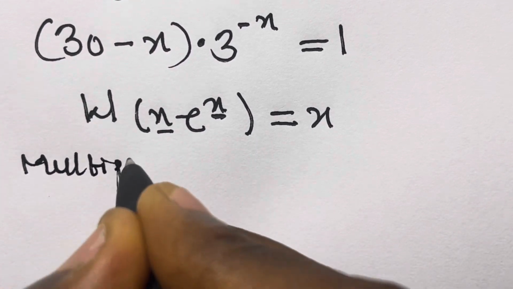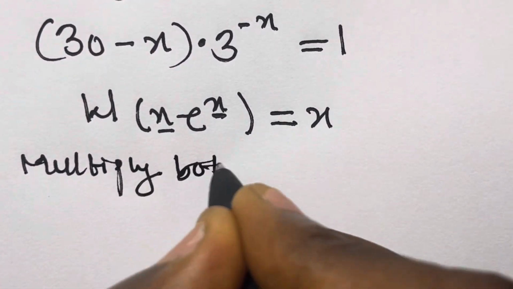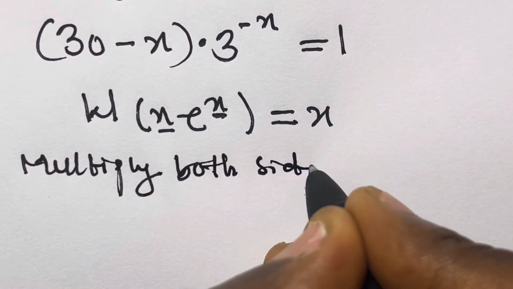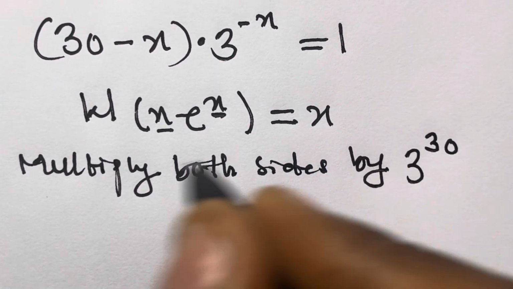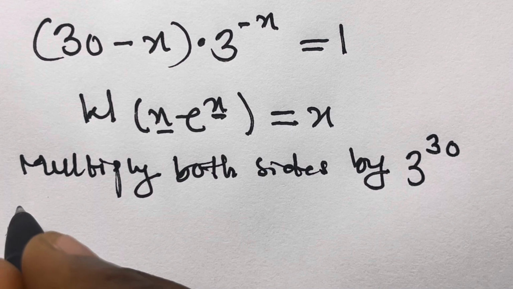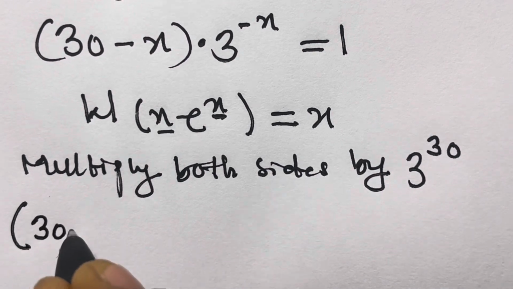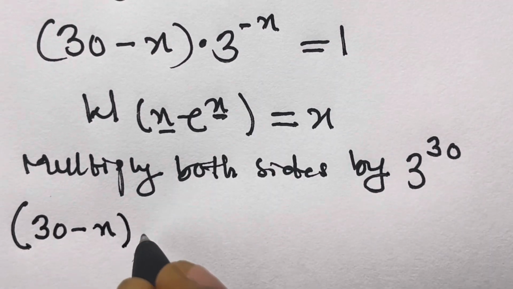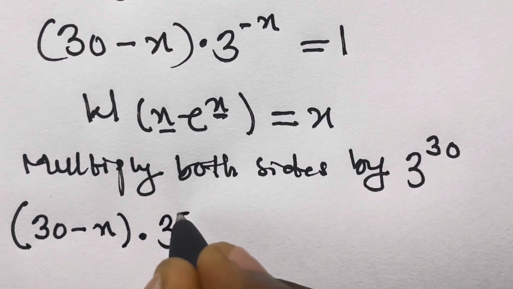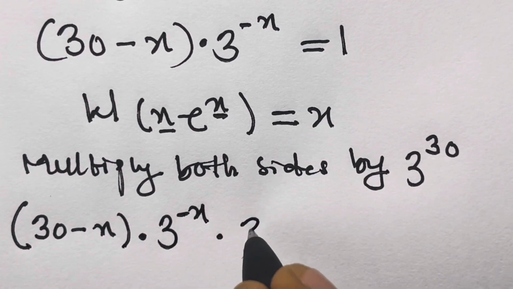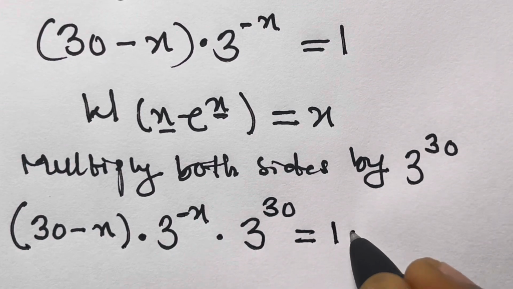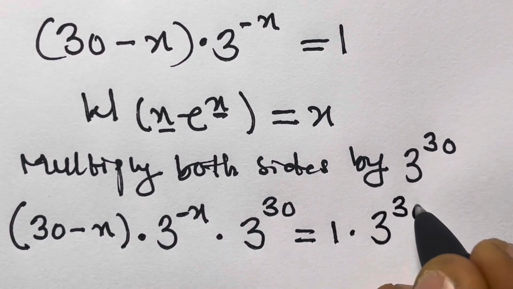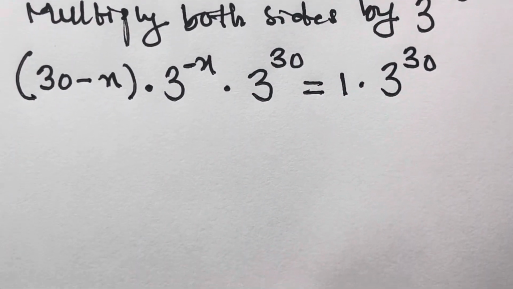If we do, we are going to have 30 minus x multiplied by 3 raised to the power minus x, then multiplied by 3 raised to the power 30 equals 1 times 3 raised to the power 30, right?